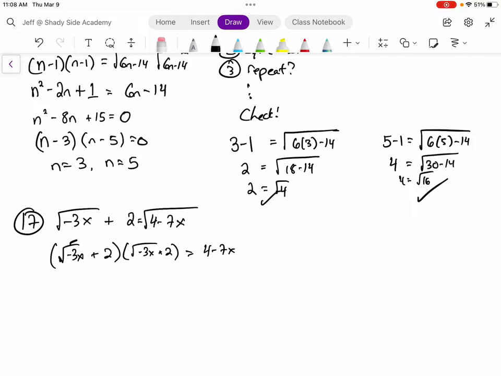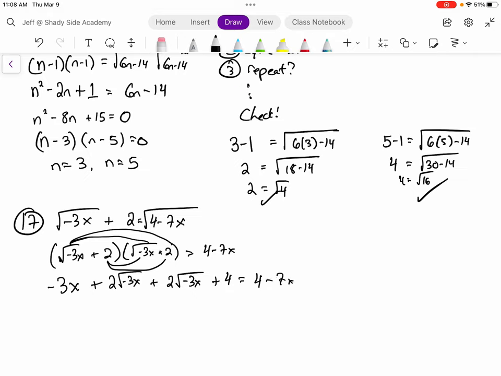Well, the first piece of foiling, I would get negative 3x. My next piece, I would get plus 2 root negative 3x. Here I get another 2 root negative 3x. Here I would get a 4. This equals 4 minus 7x.